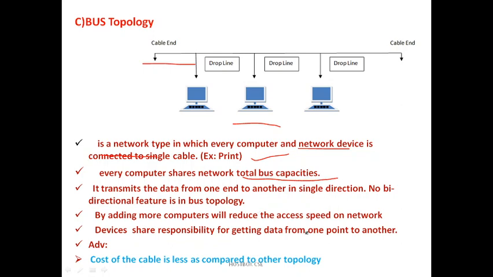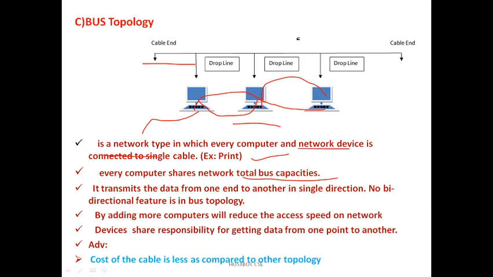The data transfers from one end to another in a single direction, not bidirectional. Suppose system A wants to communicate, it communicates with B, and again B communicates with C. Again C can communicate to B, and B to A. At a time, sharing is not possible. Also, adding more computers will reduce the access speed of the network.